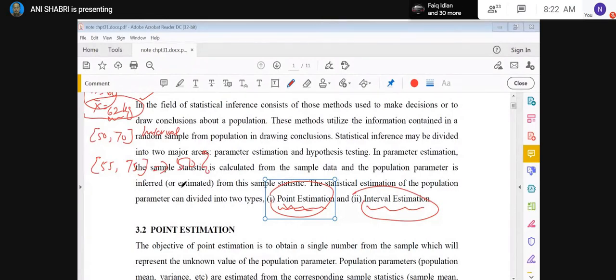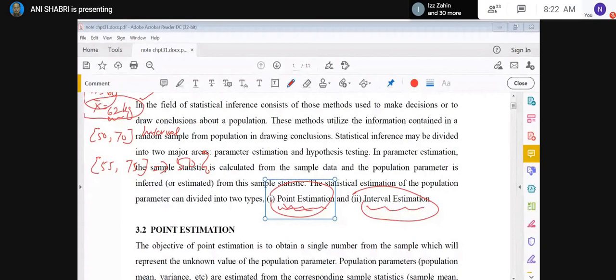Berapa peratus awak percaya bahawa berat student UTM antara 55 hingga 75? Ini percaya, tak kisah berapa persen, penting awak percaya. Awak teka je berapa persen.